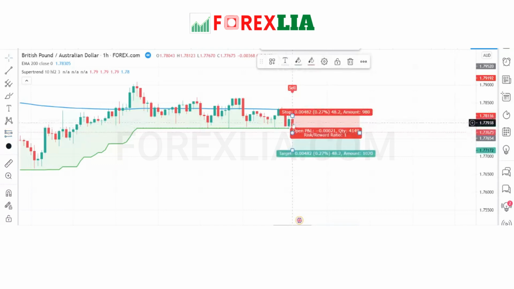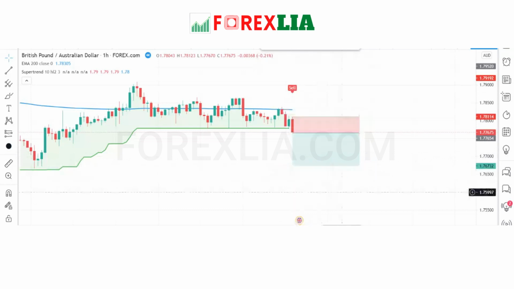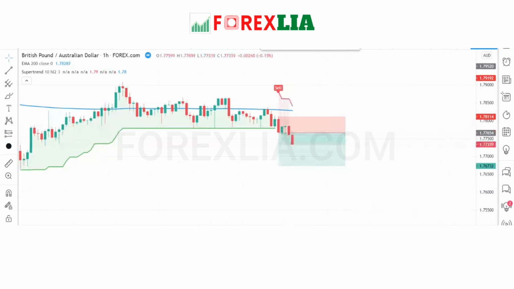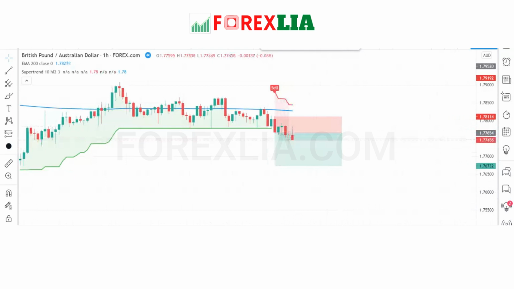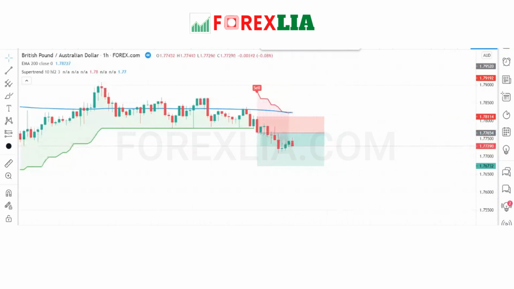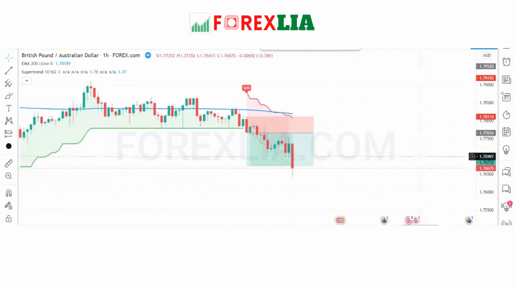We set the stop loss at the previous candle high point. Set the profit target 1:2. We won this trade.